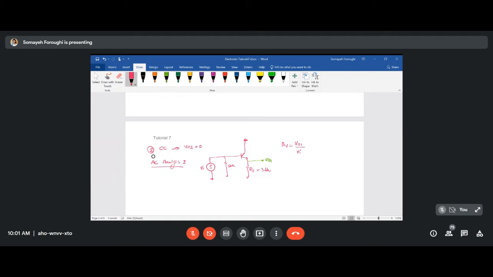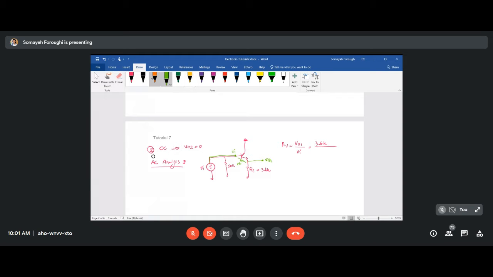What does that mean? VO1, if you pay attention, is the voltage over that capital RE in the emitter. So it will be 3.6K. What about VI? If you follow this thread, VI is the voltage over that little RE and then that capital RE.